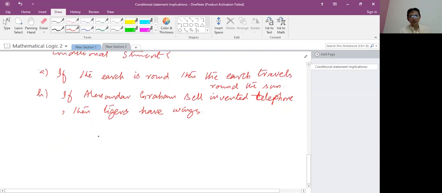Now the third statement you have given, then we make a truth table with the help of these statements in terms of conditional. If 1 plus 1 is equal to 3, then a sparrow can fly.